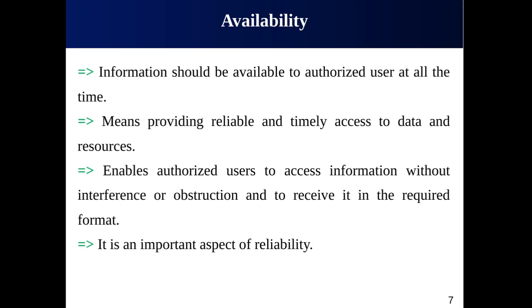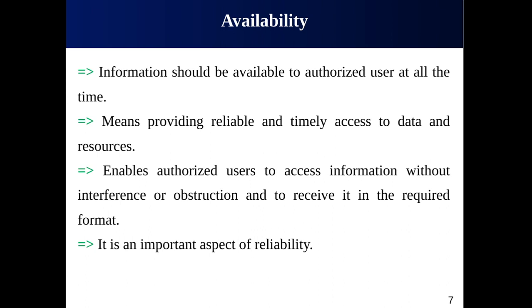And this is the third component of information security. And the principle of availability states that the information should be available to the authorized user all the time. Just give some attention to this definition. Authorized user, not unauthorized user. All the time, not some of the time. Okay, so availability means the information must be available to the authorized user all the time, around the clock, 24/7.